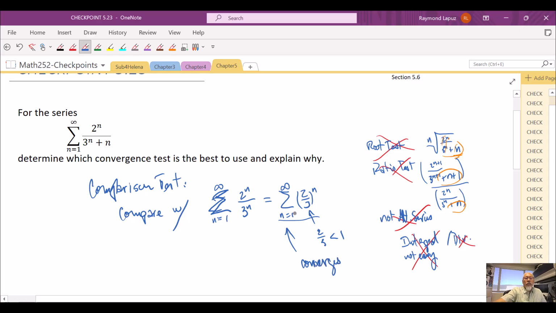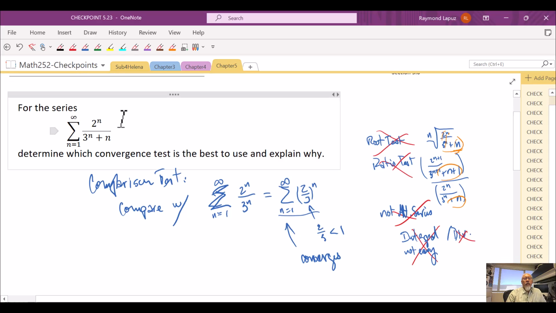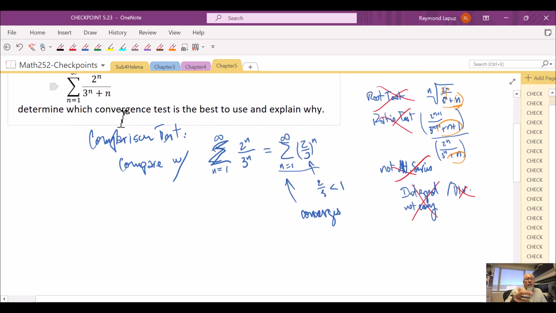And if that converges, then this is probably going to converge also. The fact that there is a plus 1 in the denominator makes this expression smaller than this one, and we know that this converges, so we're kind of squeezing it.